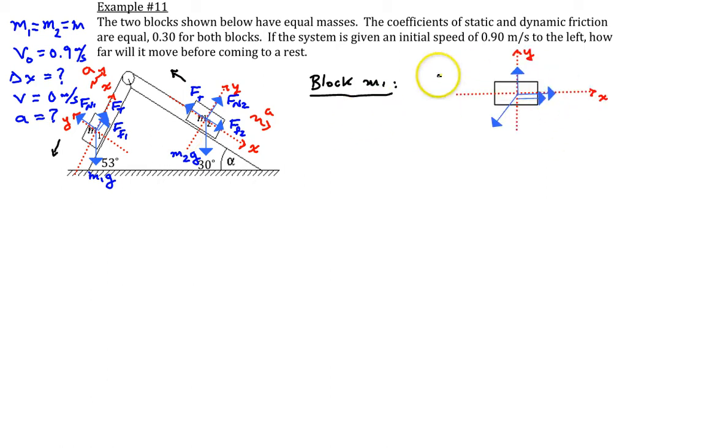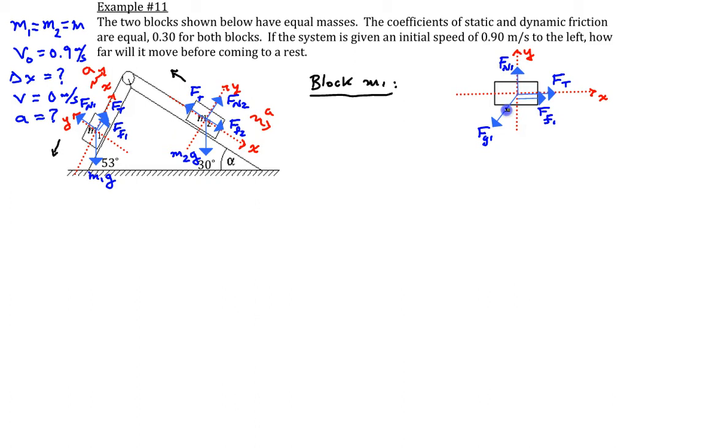So here's this block. What I've done is I've taken this block and tilted it. So this is the normal force, Fn1, which is this arrow, but now the whole system's been rotated just slightly. And then we have the tension here. We have the force of friction acting on that body, Ff1. And then we have this force of gravity, Fg1.